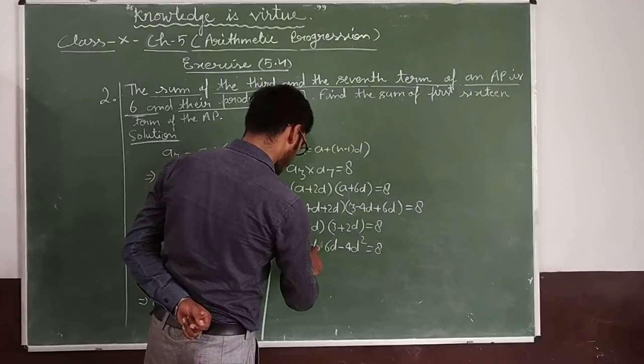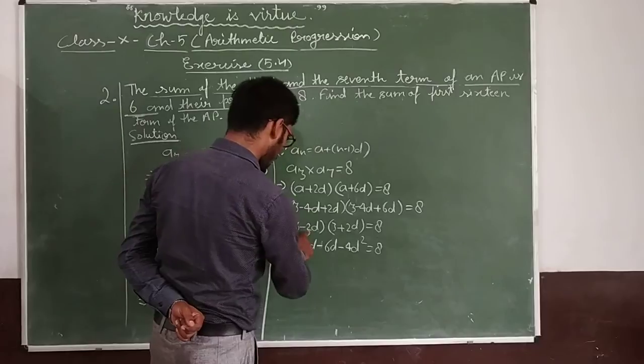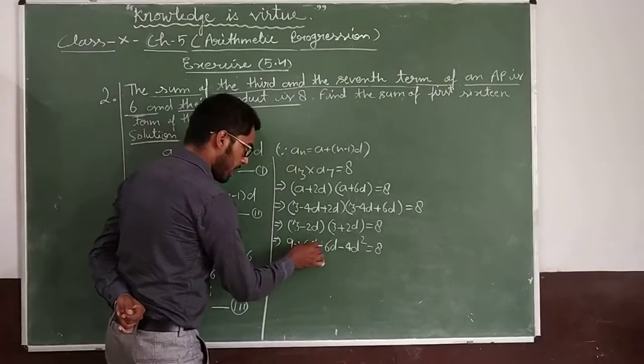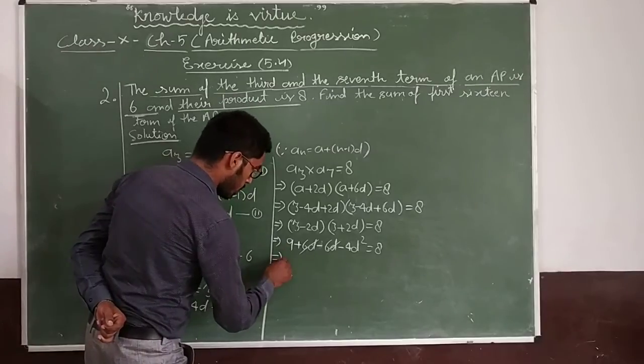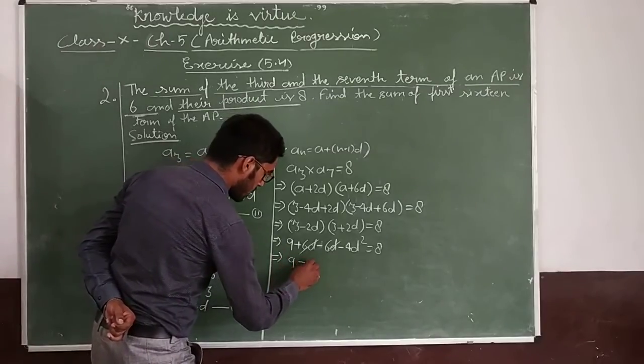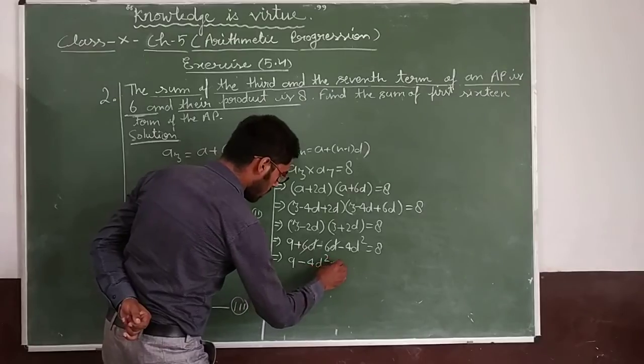Here this will be minus 6D. Here plus 6D minus 6D cancel, then you will get 9 minus 4D square is equal to 8.